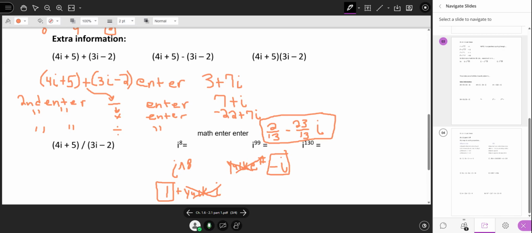And then second dot raised to the 130. Negative 1 minus 3e to the negative 12i. Throw away the yuck. Keep the negative 1.